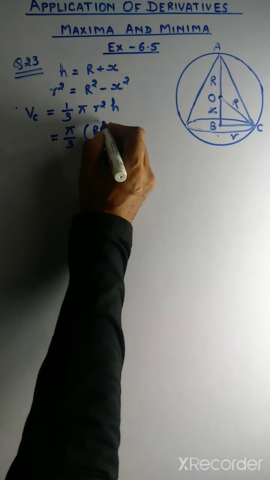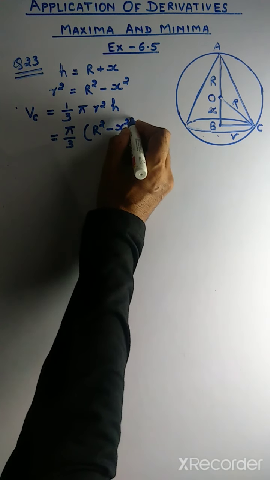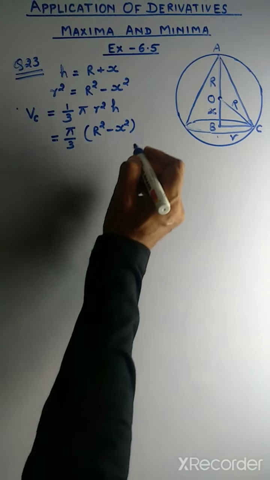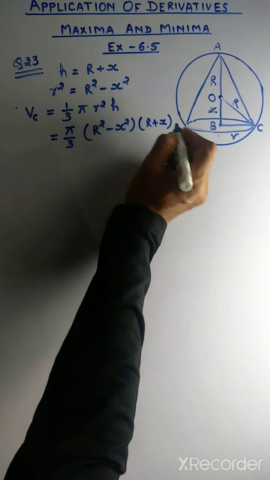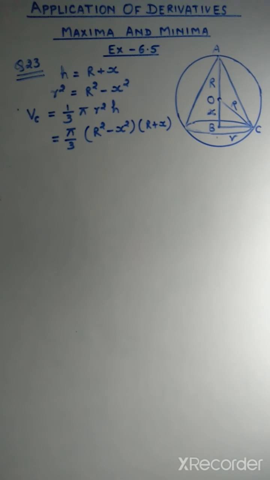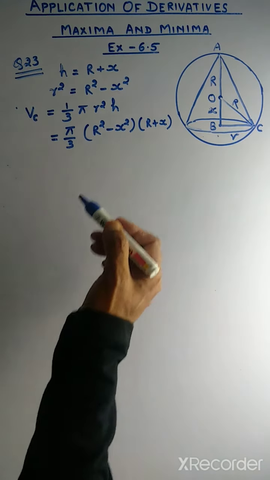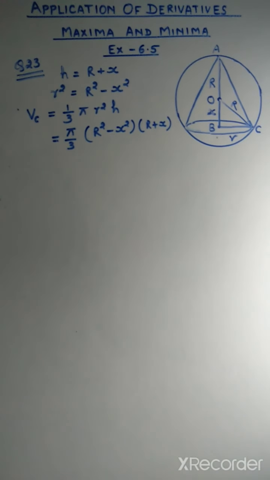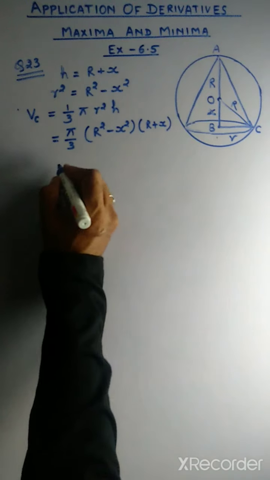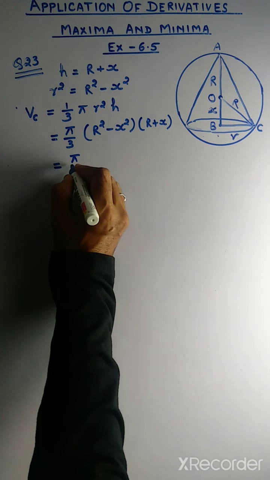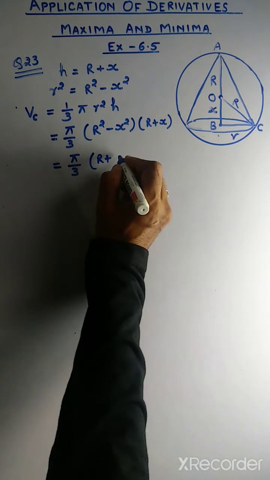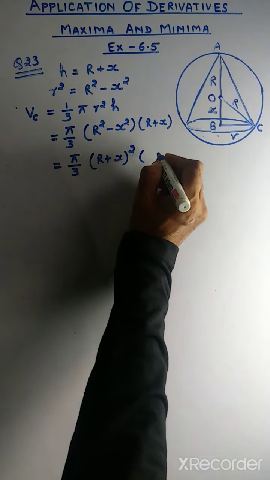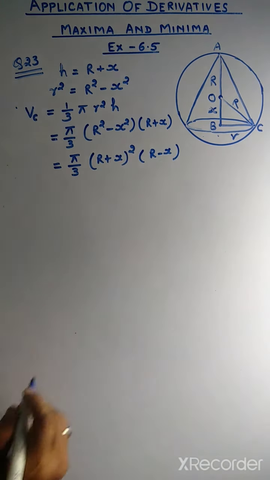In place of small r square, we will write capital R square minus x square, and in place of h, that is the height of the cone, R plus x. R square minus x square will be written as R plus x into R minus x. So the volume of the cone is pi by 3, R plus x into R plus x, which is R plus x whole square into R minus x.